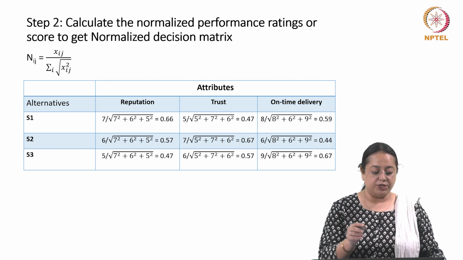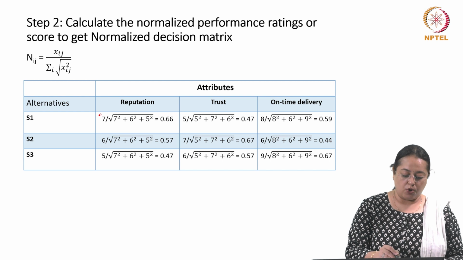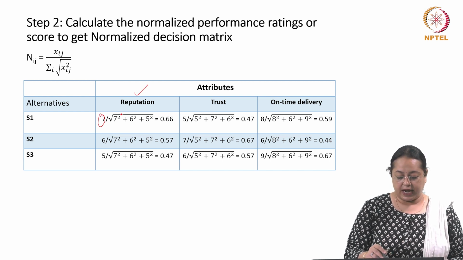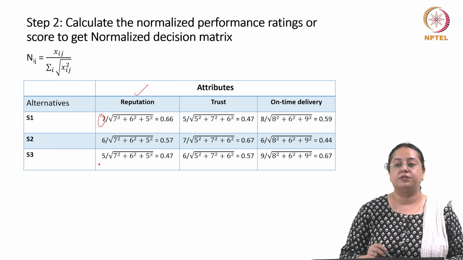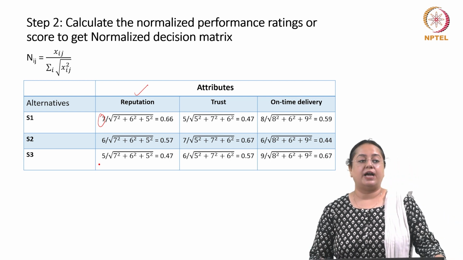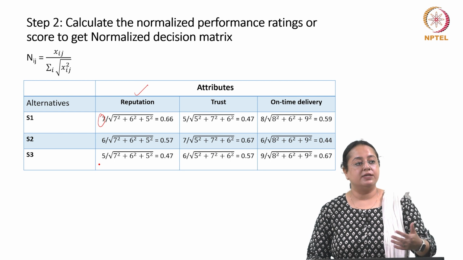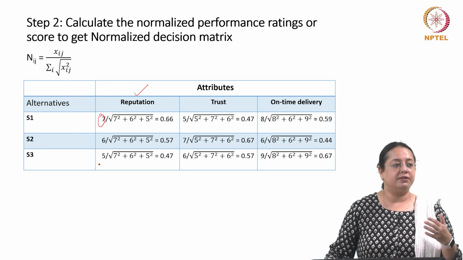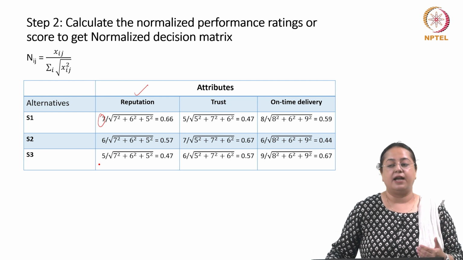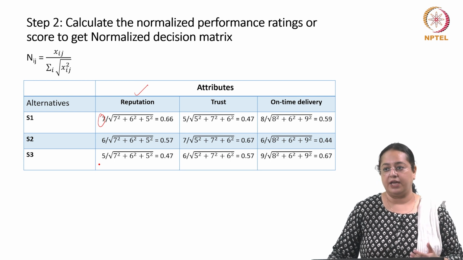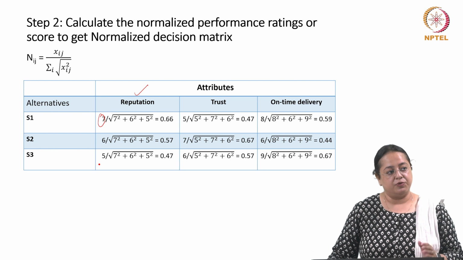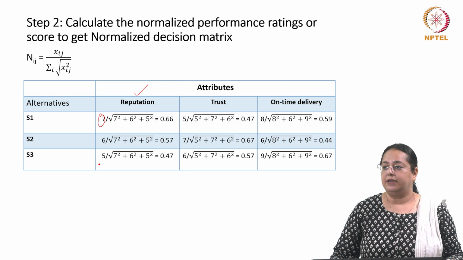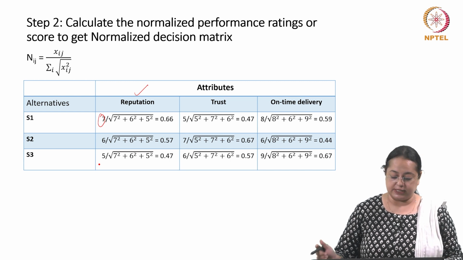So how are we going to normalize the score? Divided by, for this attribute, what are the other scores? That would keep the relative standing of suppliers. Such normalization would help us remove any subjectivity while giving the scores to the suppliers.